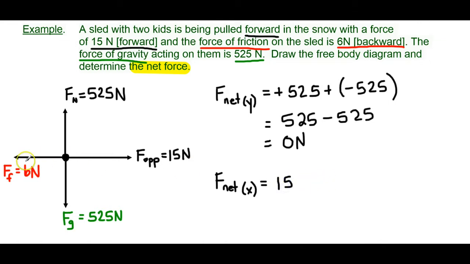And our friction always works in the opposite direction, so we're subtracting that, 6 newtons to the left. 15 minus 6, we end up with positive 9 newtons, and that's in the forward direction. We chose this as our forward direction. So the net force for this sled is 9 newtons in the forward direction.